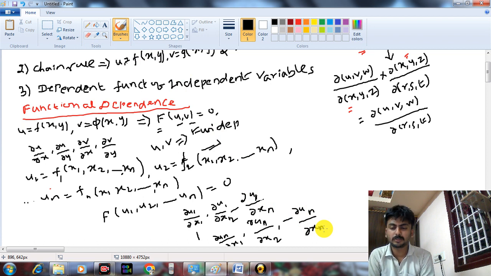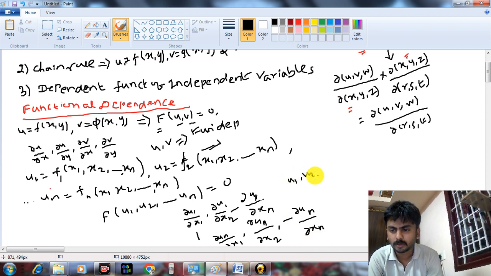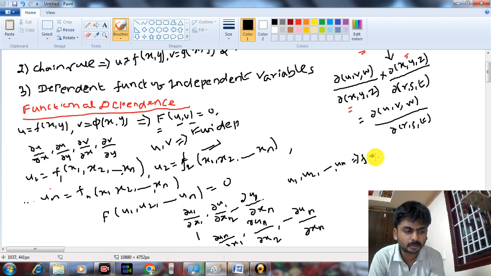These partial derivatives will not become zero simultaneously, which means the functions u1, u2, etc comma un are called functionally dependent.